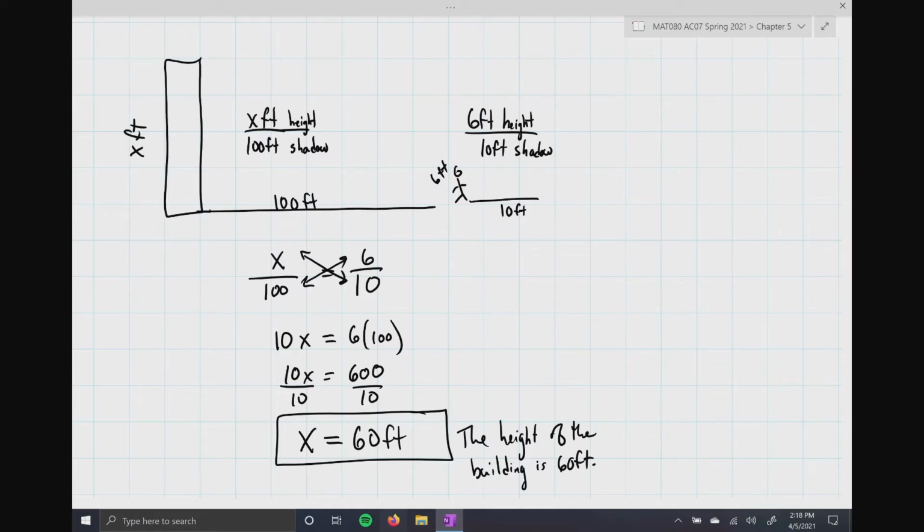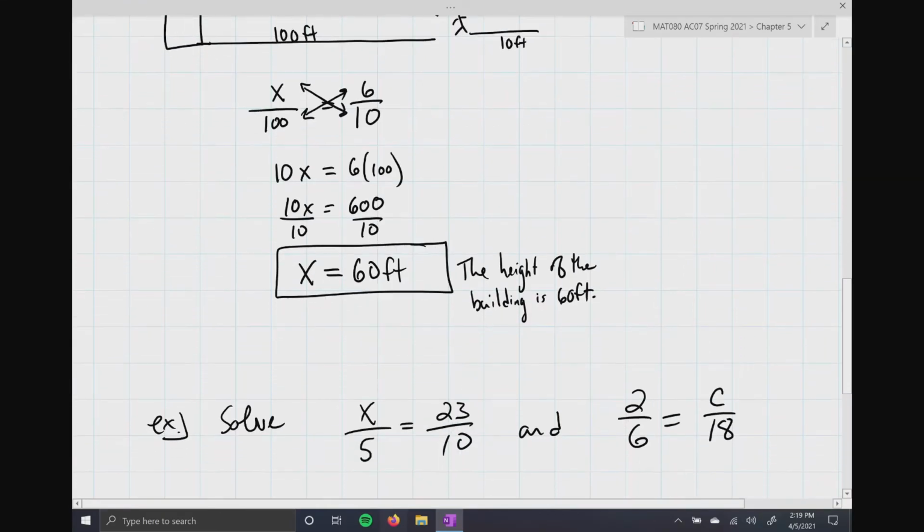The key is when you go to set up a proportion, which has an equal sign, you better make sure that your units match. They got to be the same in the numerator and the denominator. And if they are, then you can go ahead and find whatever you need to find just by cross multiplying. Remember, to cross multiply, you literally just write it out. And then the second step is divide by the number in front of the variable. Okay?